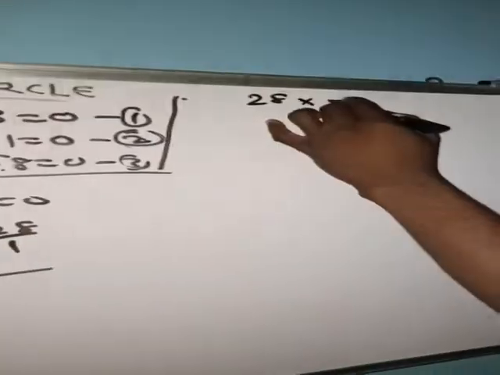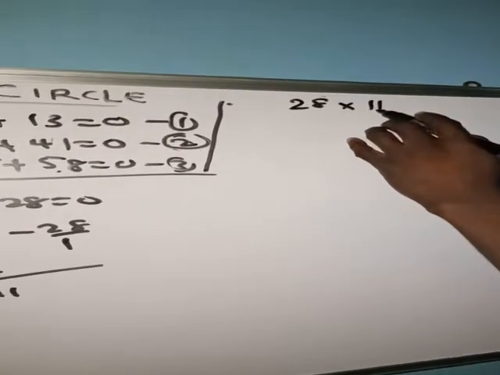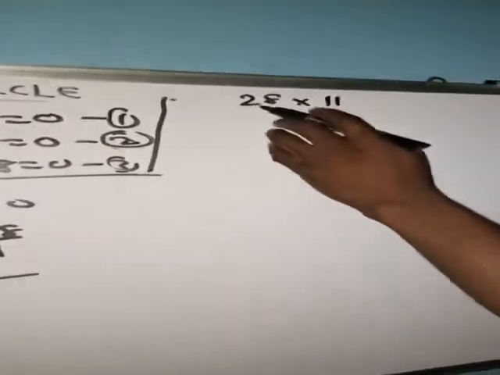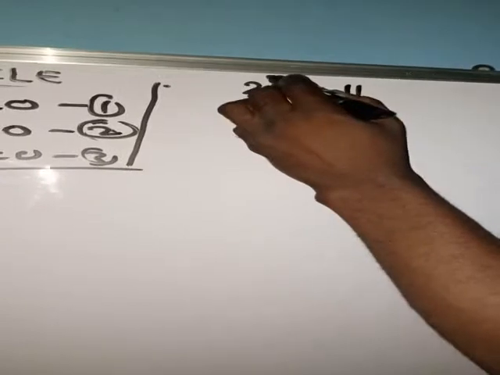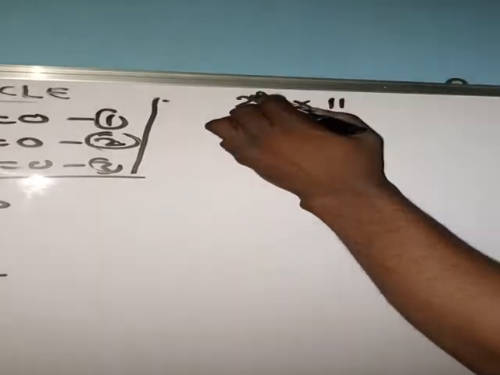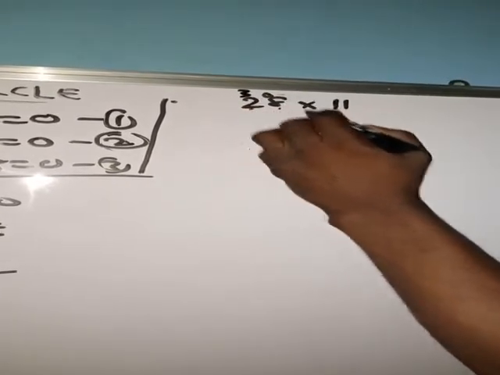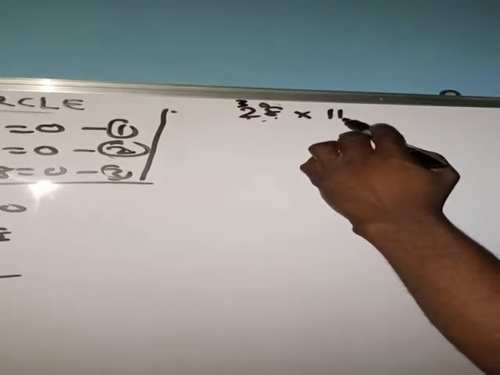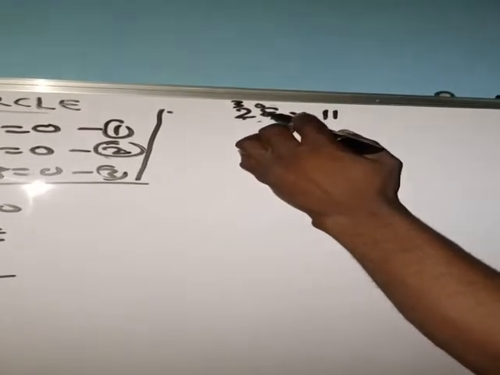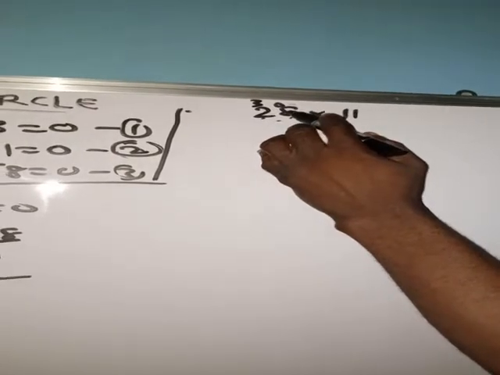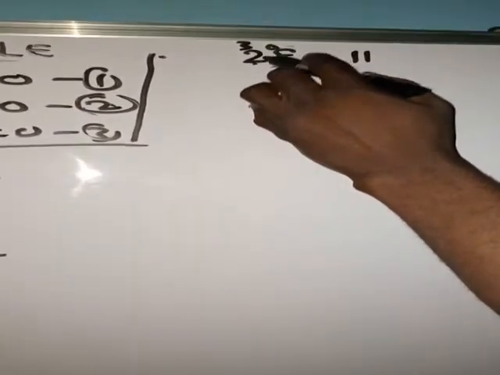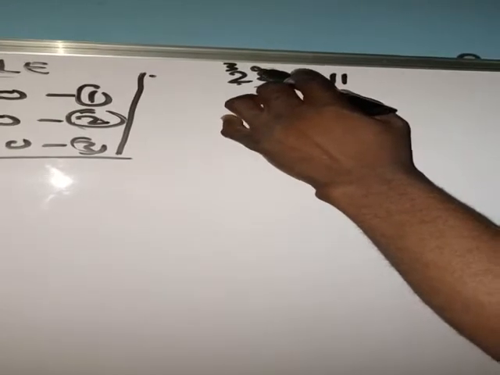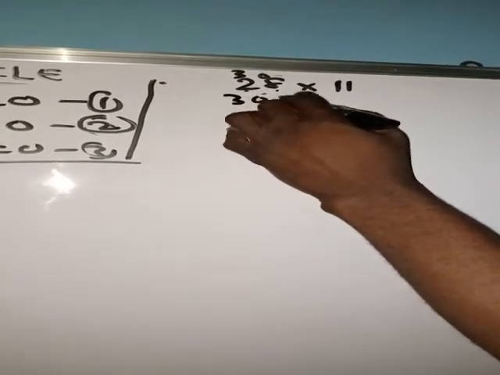When you are multiplying a 2-digit number by 11, just add the digits together and put the answer in the middle. But if the answer is 10 or more, you carry. So 2 plus 8 is 10, 0 carry 1. Add it here, so you have 3, 0, 8.